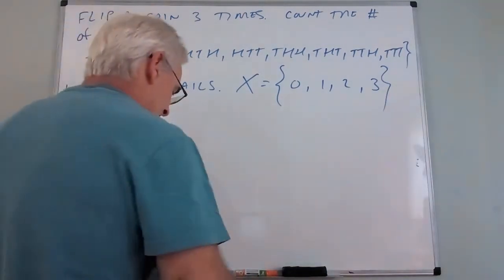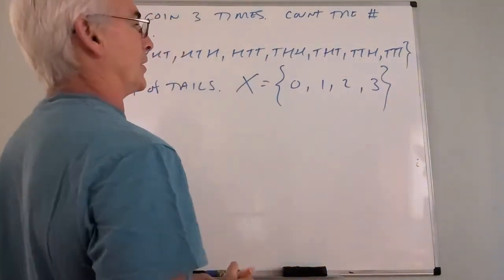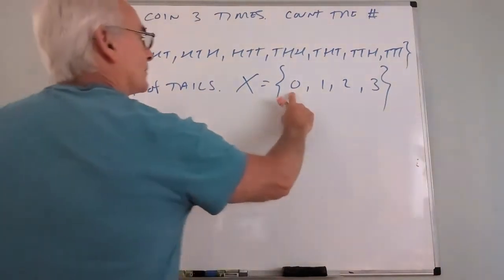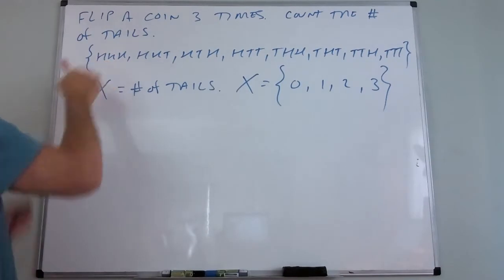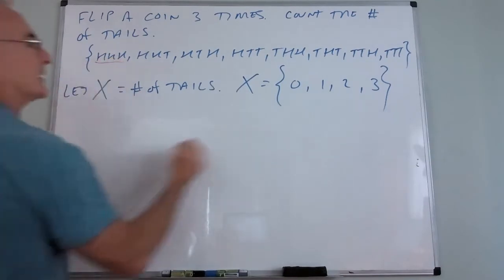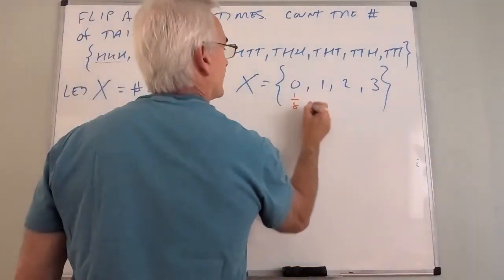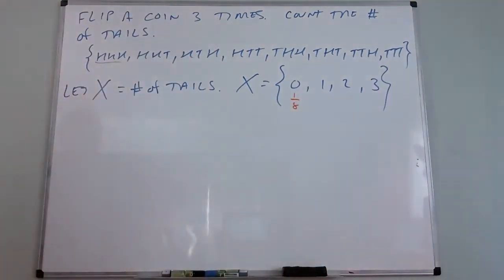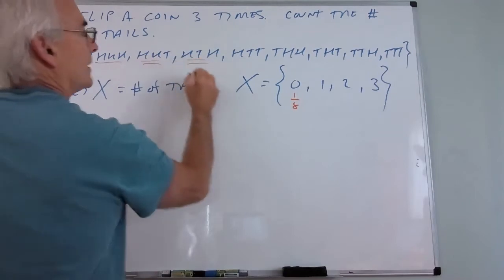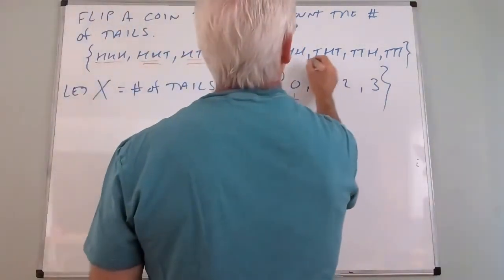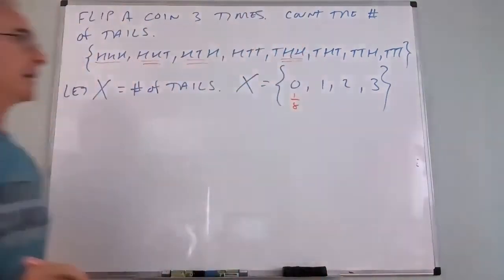Now, let's just make our life easy. Let's write the probability under. Now, what is 0 tails? That's this guy right here. Okay, you agree? That's 0 tails, so it has a probability of 1/8. 1 tail happens here, here, and here. Agreed?